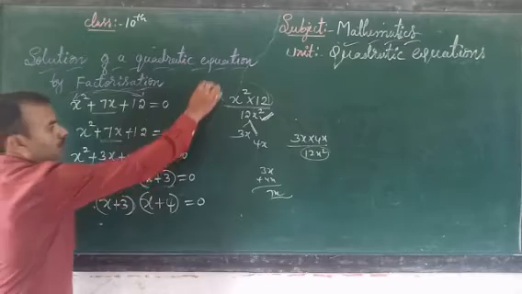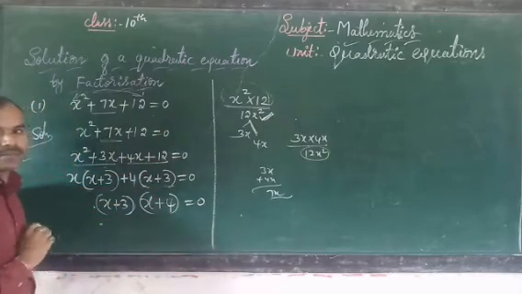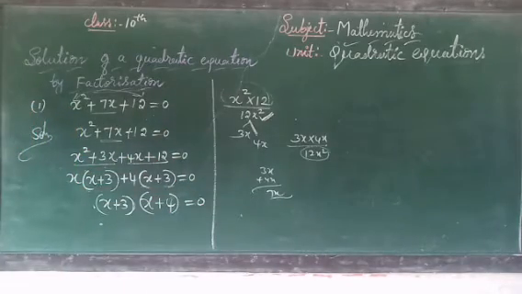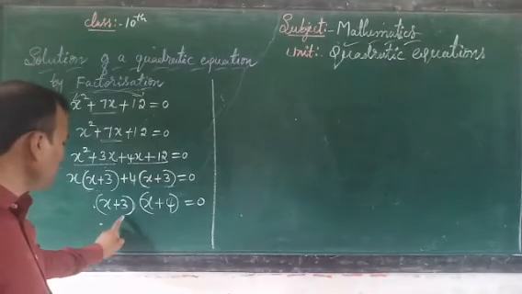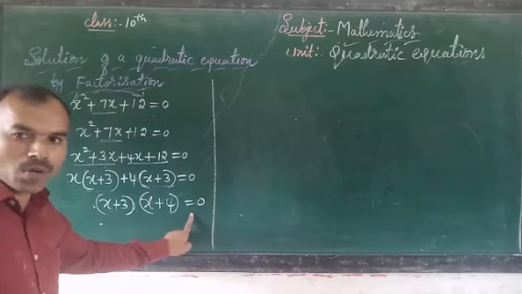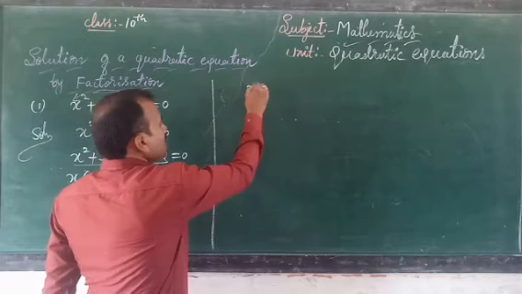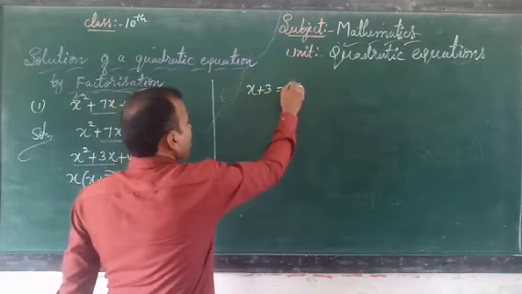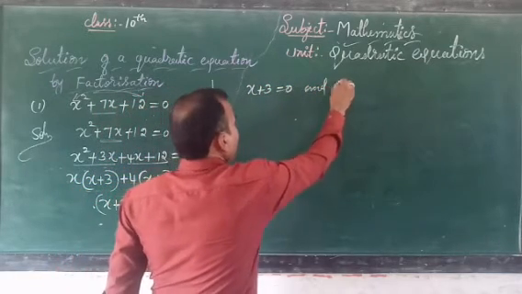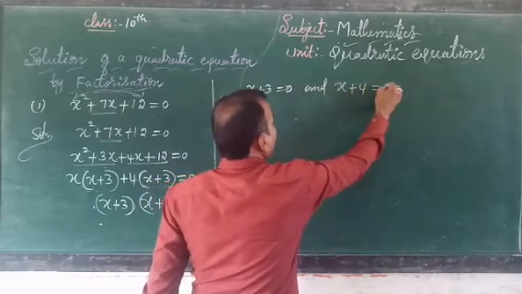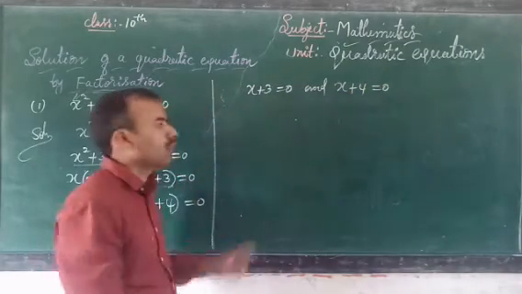Now each term, okay dear students, x plus 3 and x plus 4 equals 0. X plus 3 equals 0 and x plus 4 equals 0.